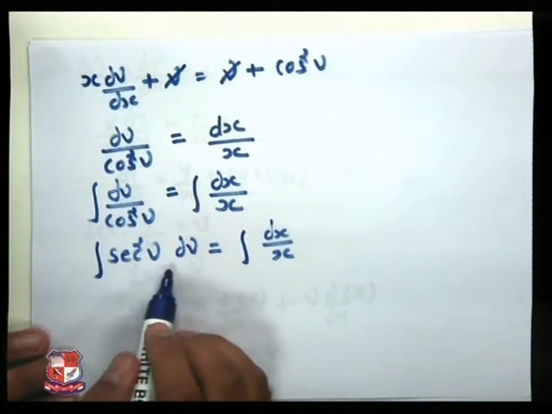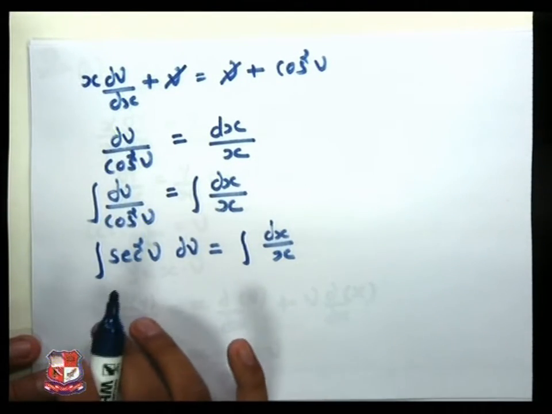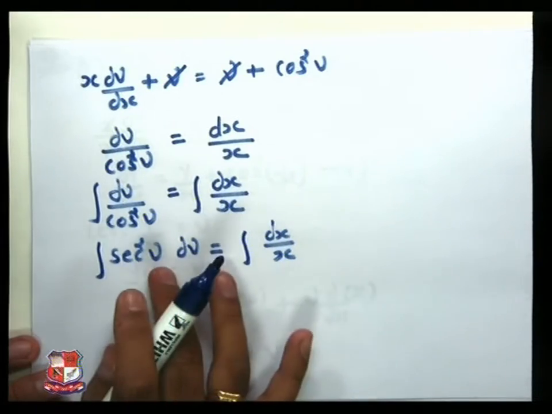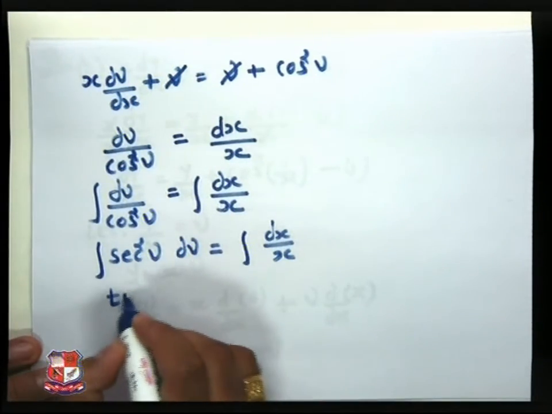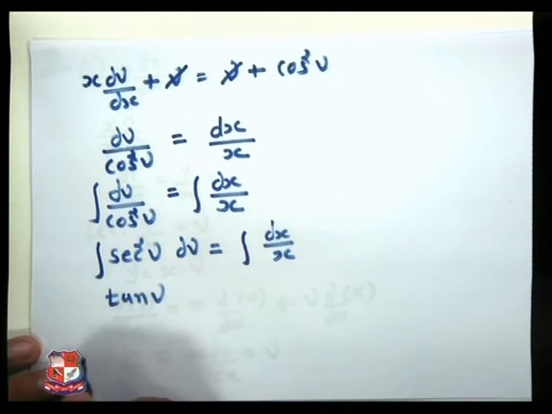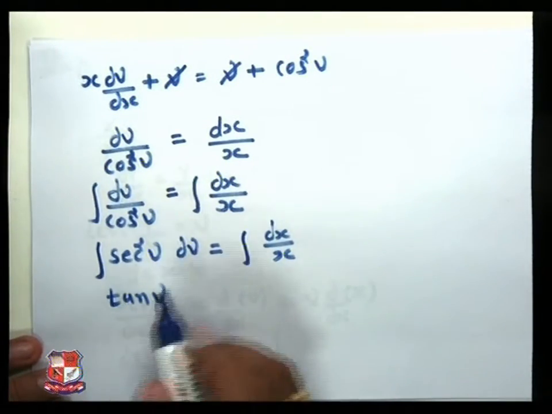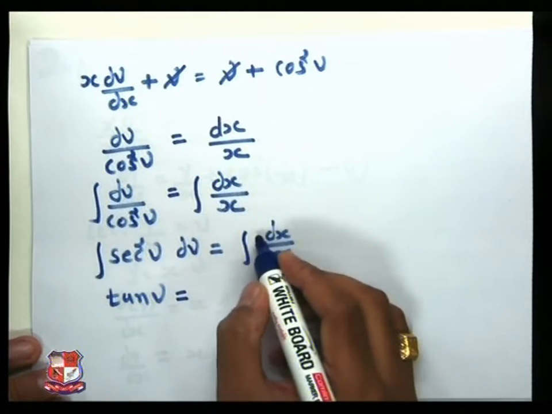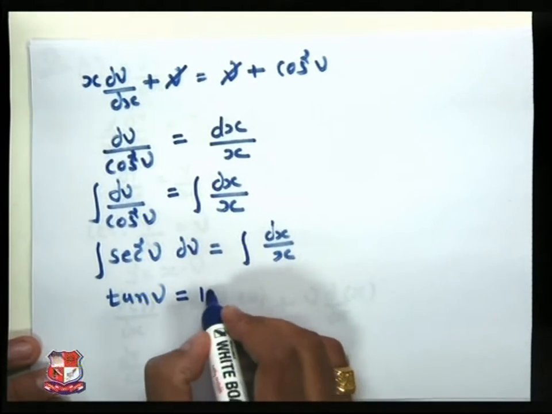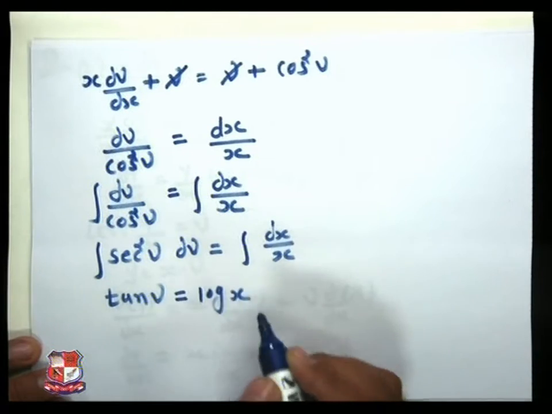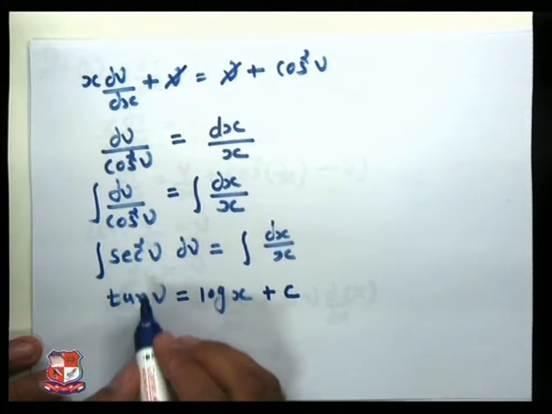Now I want to take the integration of sec square v dv. The differentiation of tan v is sec square v, so the integration of sec square v is tan v. So the result is tan v equal to the integration of 1 upon x dx, which is nothing but log x, plus the constant c.